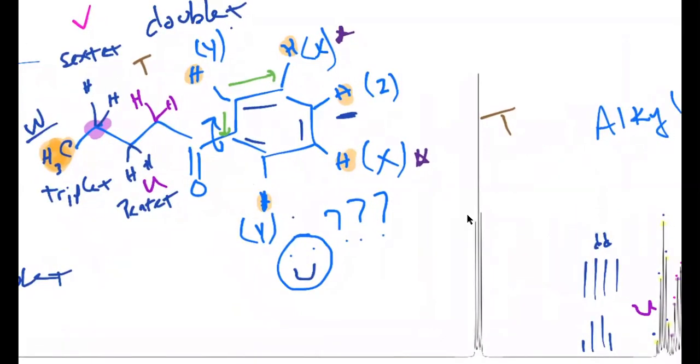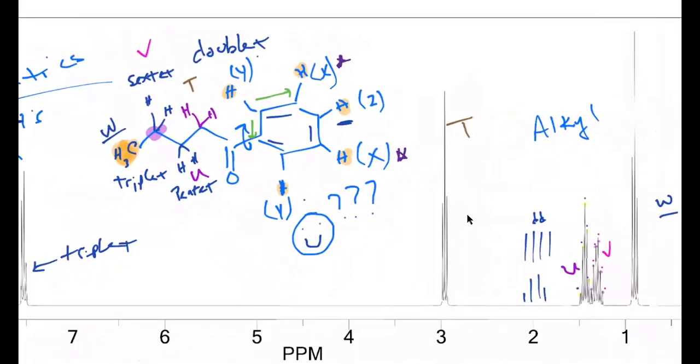All right. So that's gonna be T, and that's gonna be a triplet. And why is it at 3? Somebody help me with that part. It's right next to the carbonyl. Very good. So anytime the carbon where your protons are is bonded to a carbon that has an sp2 atom or some electronegative atom, it's gonna get shifted downfield.